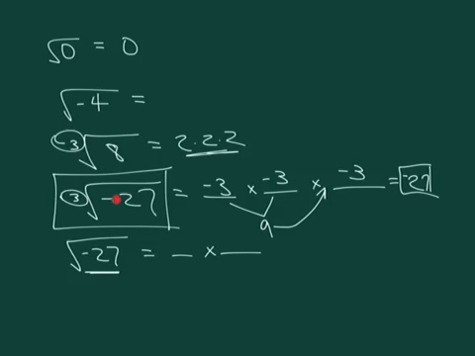Negative 3 times negative 3 times negative 3, 3 times. If this number here is an even number, like 2 or 4 or 6 or 8, there is not a root of a negative. Okay, so that just kind of gives you a clue of how you would do that.